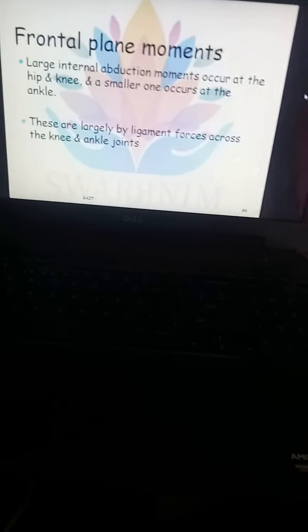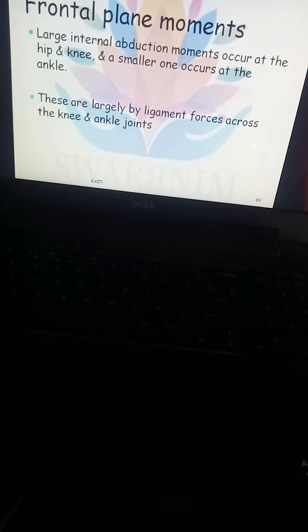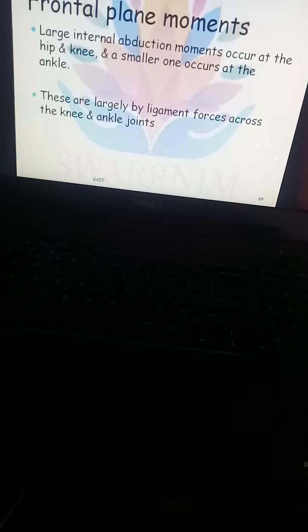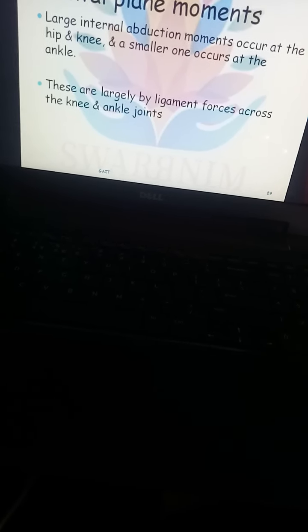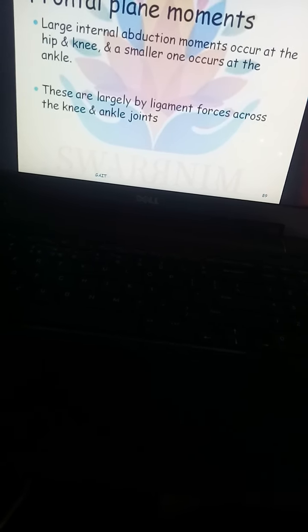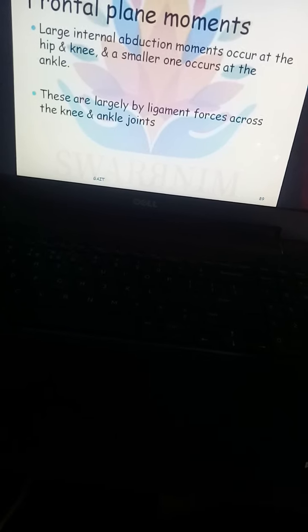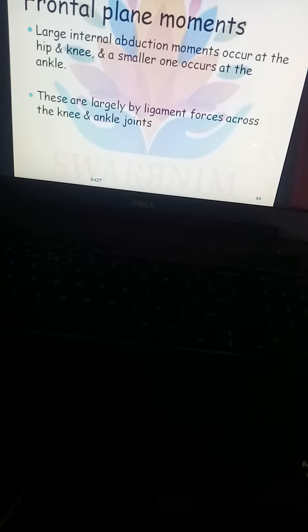So next is frontal plane movement. In the frontal plane, large internal abduction moments occur at the hip joint as well as the knee joint, and a small one occurs at the ankle joint. So the major moment in the frontal plane is internal abduction, at the hip and knee joints, and small moments occur at the ankle joint.